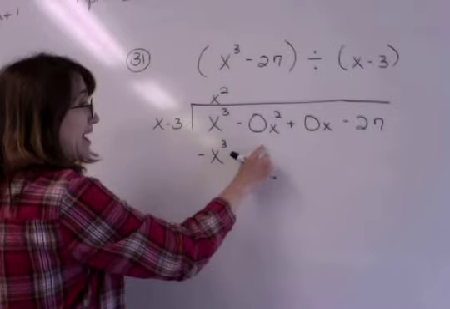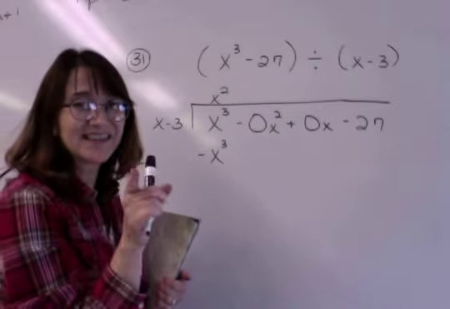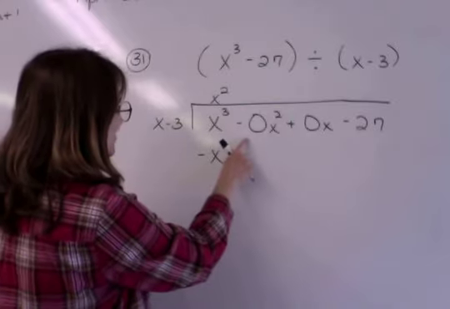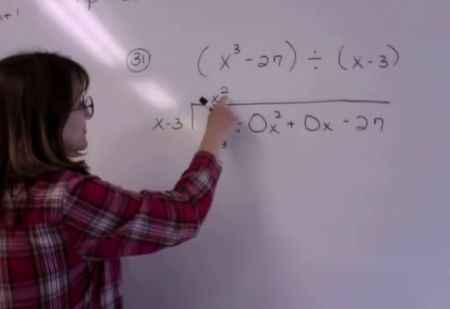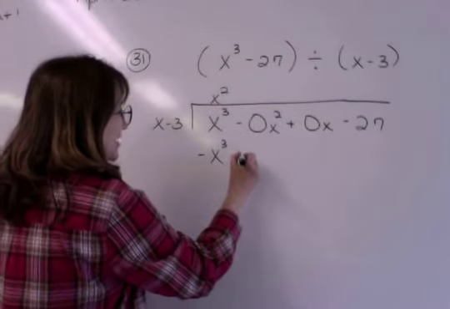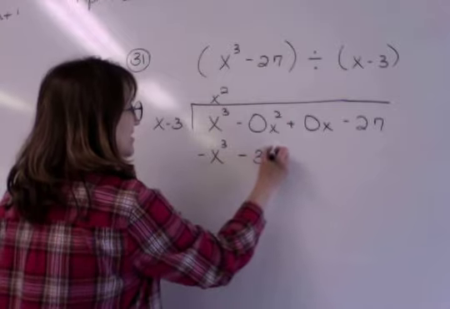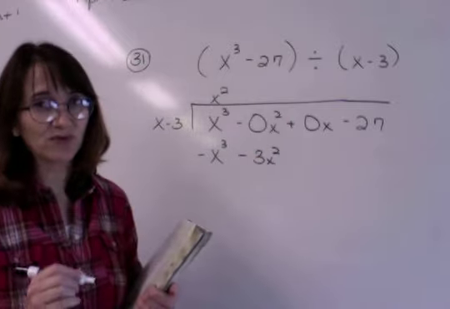See, now you can start to figure out, that's why I had to put in placeholders, wasn't it? So if I multiply that x squared to the negative 3x squared, guess what I end up with? I end up with a negative 3x squared, and that's why I had to have that placeholder there.